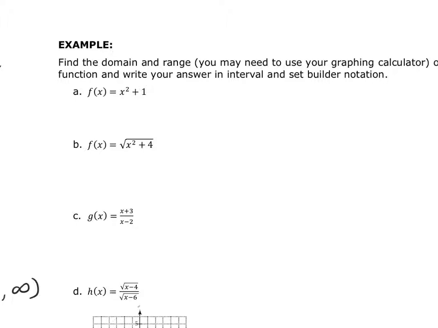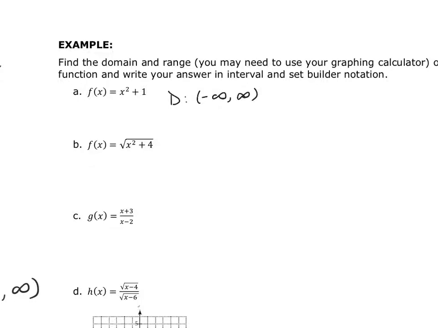On A, I'm looking for those two things right now. I'm looking for x in the denominator or x underneath the square root. And because with A there is no x in the denominator and no x in the square root, your domain for this will be everything. So negative infinity to infinity.